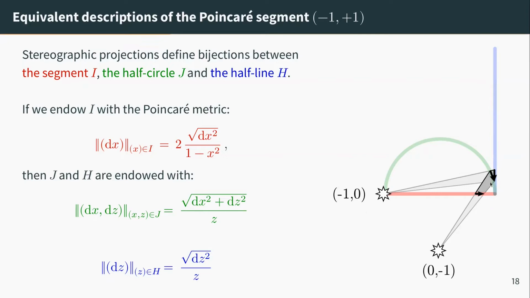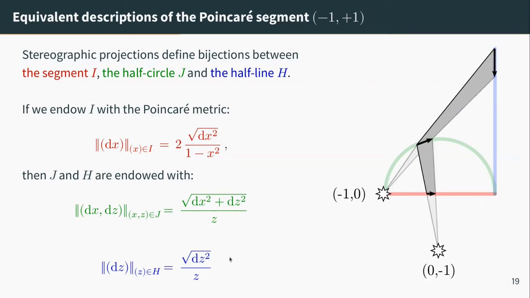Around this location, that's exactly what happens, because here x gets close to 1, so 1 minus x squared gets close to 0. And here z is close to 0, and z on the blue space is also close to 0. So it's all coherent. That's easy. Maybe the setting in which it's not that easy is at the other end of the spectrum. Because now, if I get close to this point, small vectors on the red space will also get mapped to small vectors on the green space. So that makes sense.